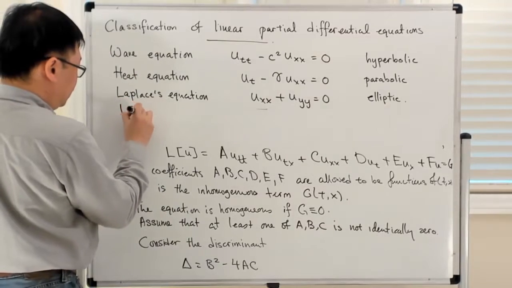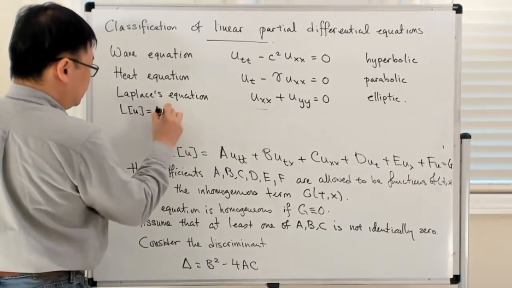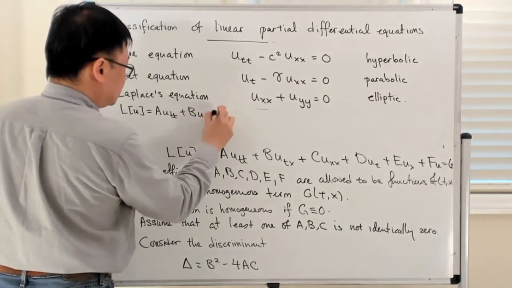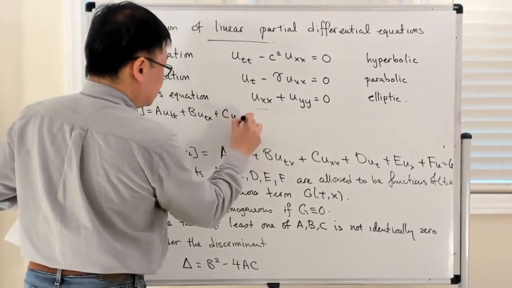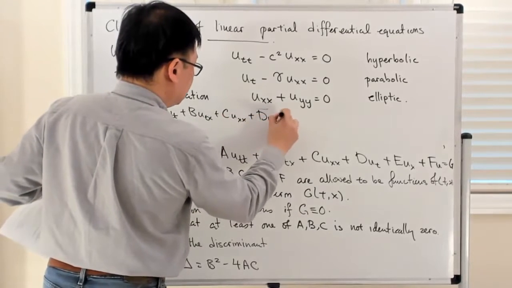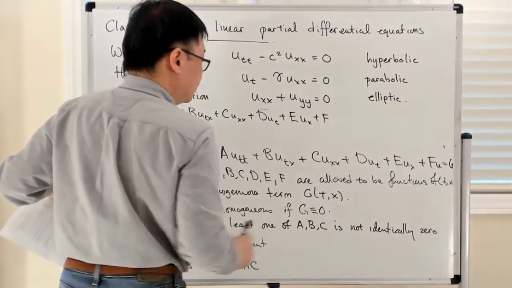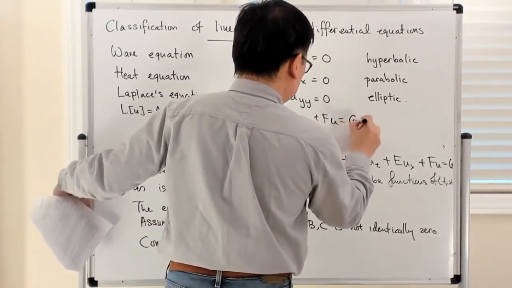L of u is equal to a u_tt plus b u_tx plus c u_xx plus d u_t plus e u_x plus f u is equal to g.